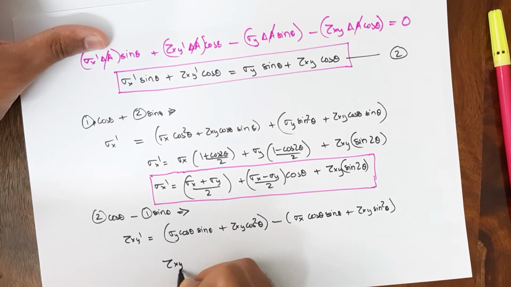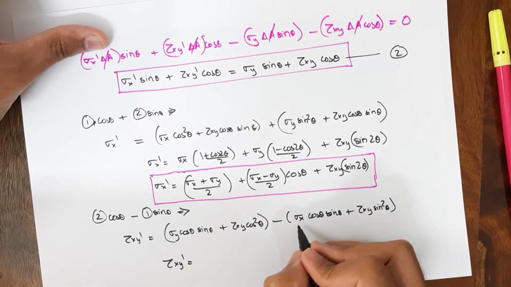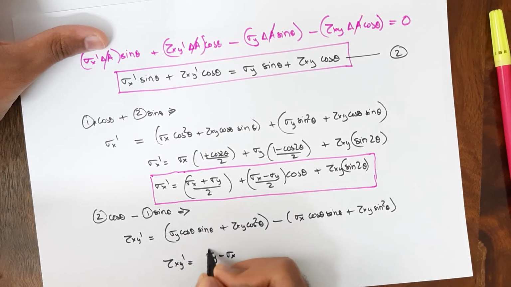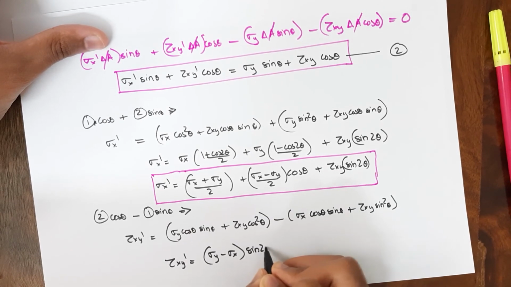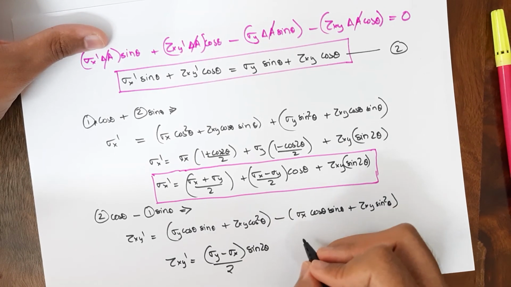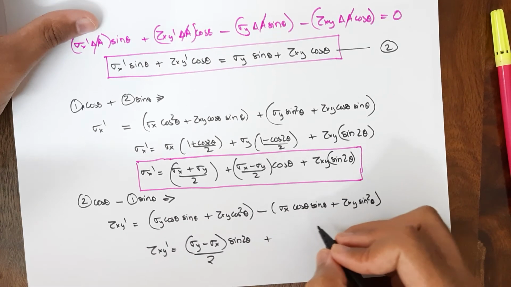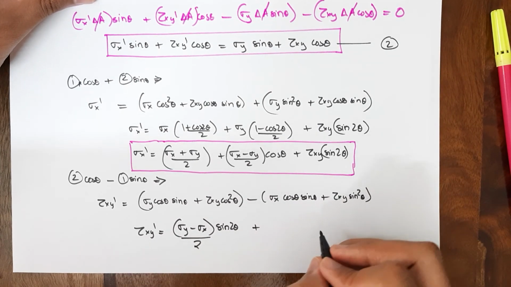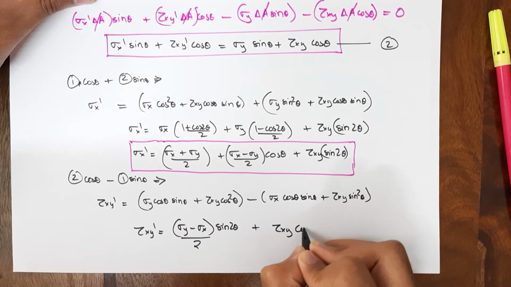So this is nothing but sigma y minus sigma x into sine 2 theta by 2, plus, we know cos square theta minus sine square theta is nothing but cos 2 theta, so that is tau xy cos 2 theta.